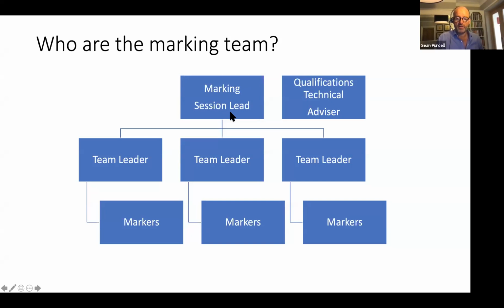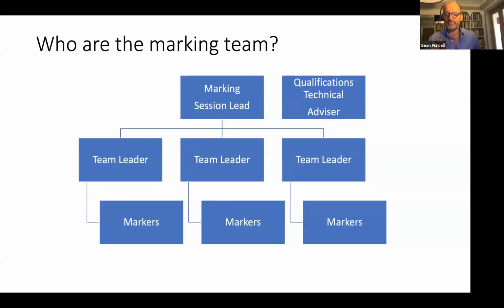And then below the examiner, there'll be some team leaders. So these will be the senior markers as part of the marking team. So top of the tree there, the marking session lead, they lead the marking for a specific session.